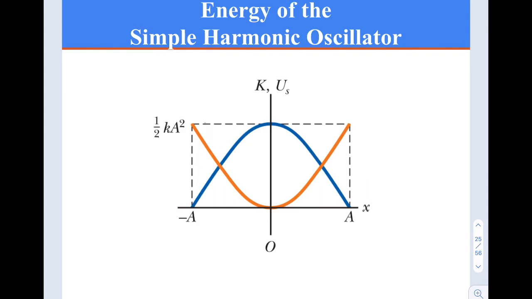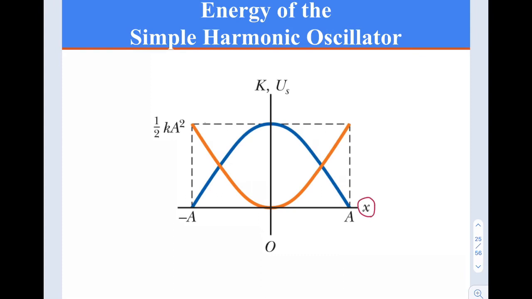Now, if we want to take a look at the K and U behavior, or graphical illustration, versus position, we have two options. Whether from the point of view according to the time, or according to the x, the position.